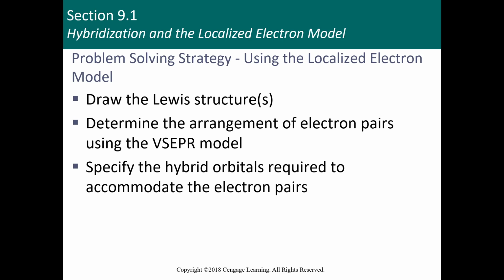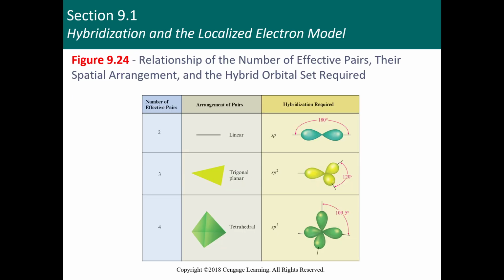Okay, so this is your general problem solving strategy, which I've already gone over with you like half a dozen times. Again, if you forget, here it is again. Right here, this is the number of effective pairs or the number of domains versus the shape that's being made and the hybridization. And so right here you can see those.